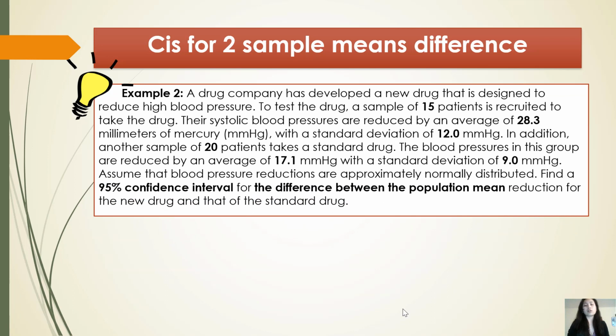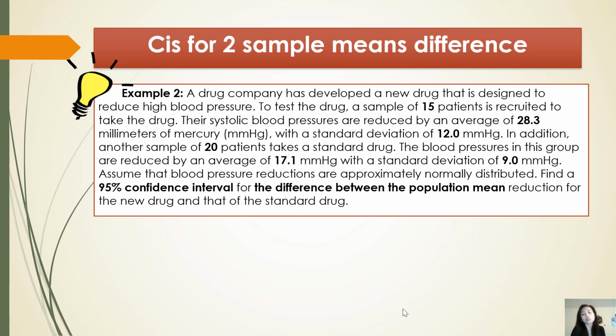Example 2: a drug company has developed a new drug that is designed to reduce high pulse ratio. To test the drug, a sample of 15 patients is recruited to take the drug. Their systolic pulse ratios are reduced by an average of 28.3 millimeters of mercury with a standard deviation of 12. In addition, another sample of 20 patients take a standard drug.